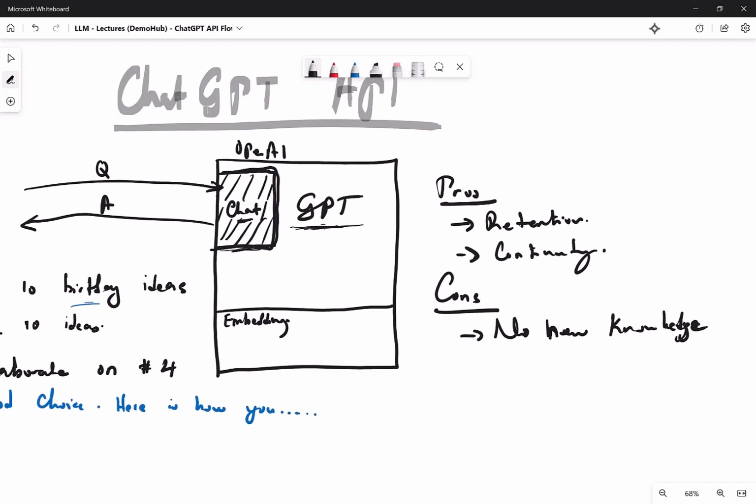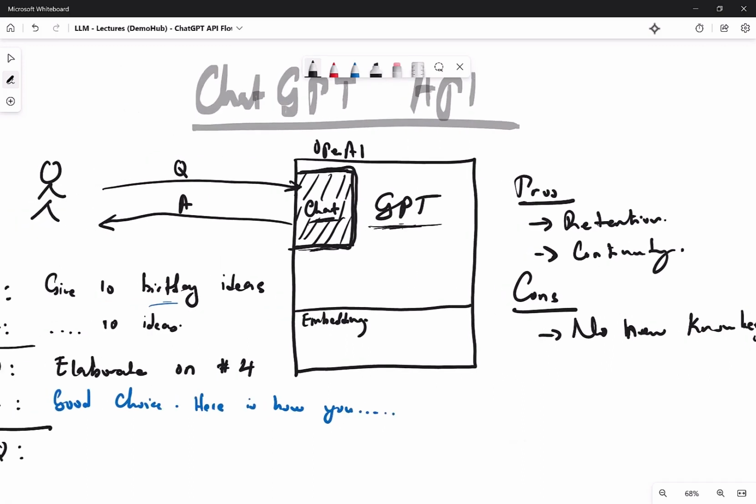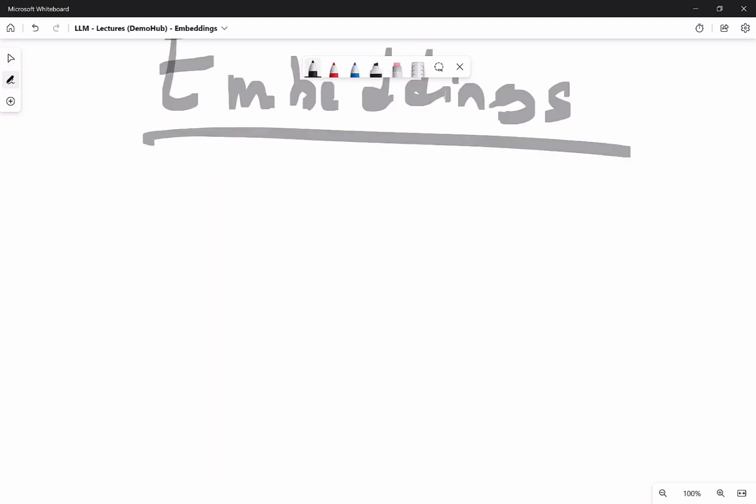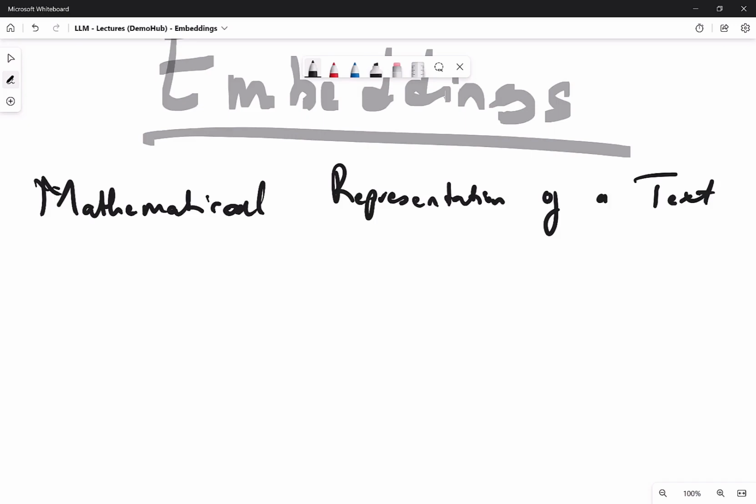But there is a great difference going with the ChatGPT API as opposed to the GPT API or even the Embeddings API. In this lecture, we talk about embeddings within the large language model space. This would be a jumping stone to talking about the OpenAI Embeddings API. What are embeddings? From a very high-level view, an embedding is a mathematical representation of a text.